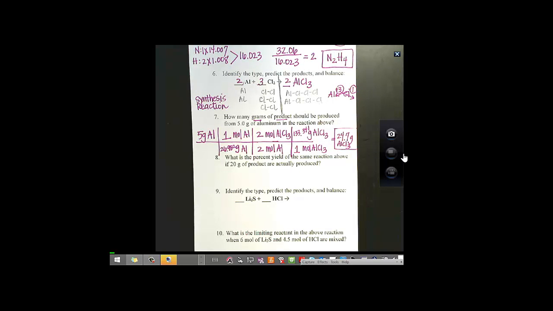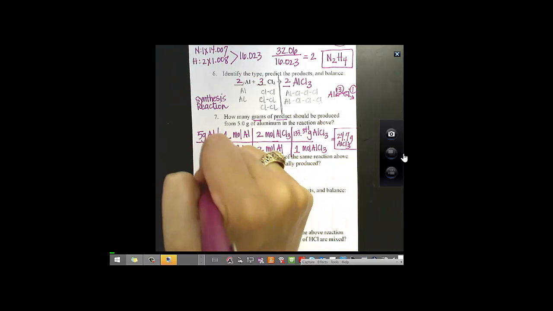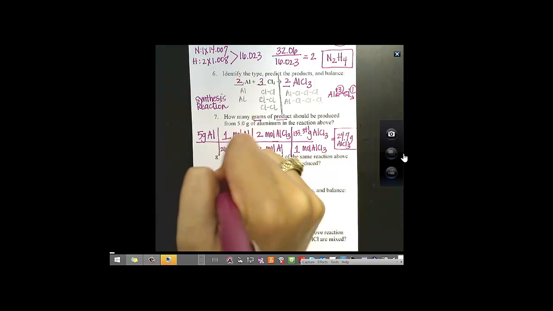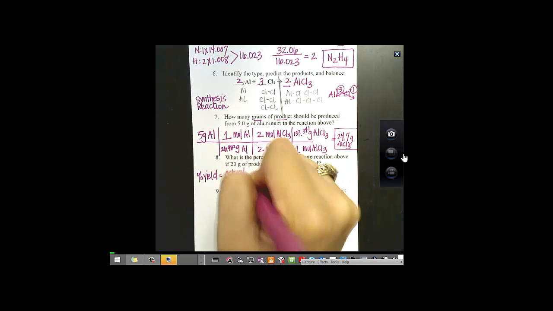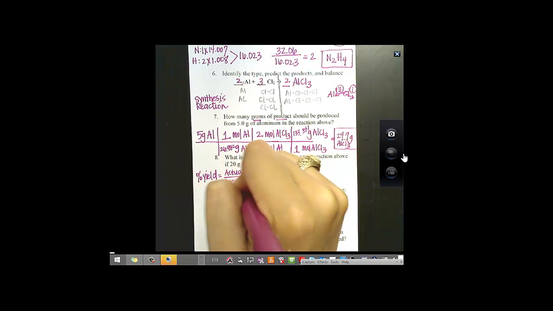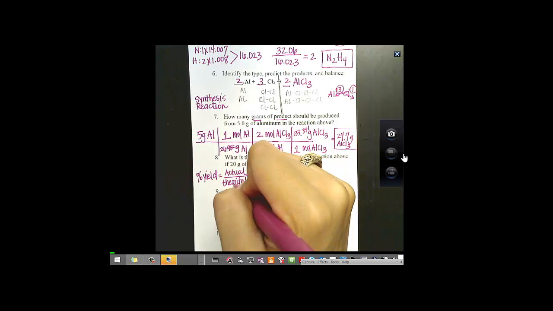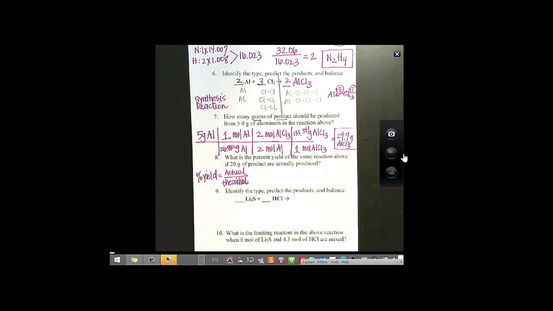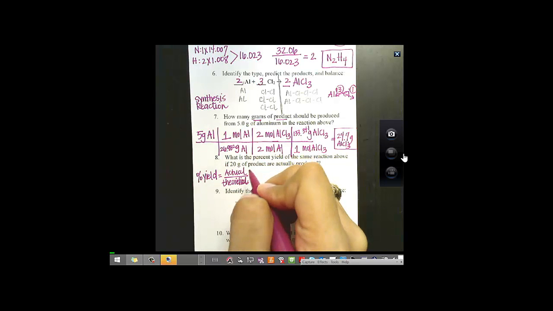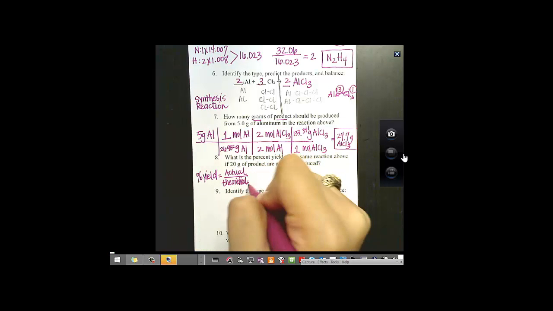Number 8 says, what is the percent yield of the same reaction above if 20 grams of product are actually produced? So here we need to know that percent yield is determined from what we actually make divided by what we theoretically should have been able to make.